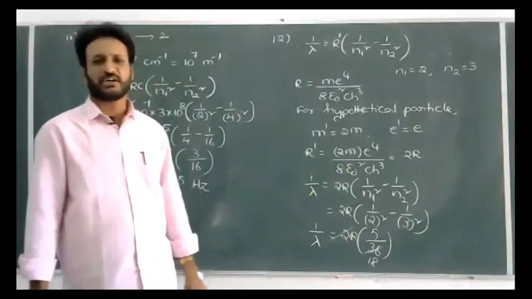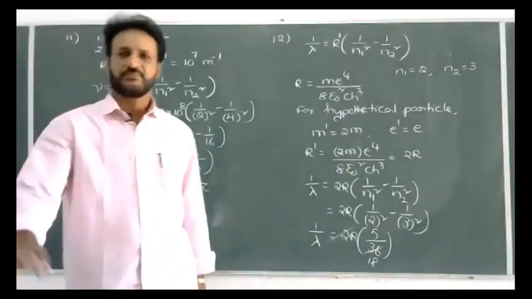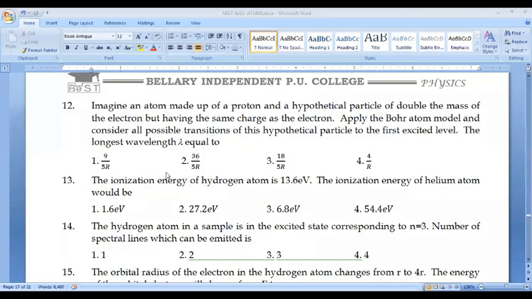Now check the options for question number 12. That is equal to 18 by 5r, correct. 1 by lambda is equal to 5r by 18, but lambda is equal to 18 by 5r is the correct answer. That is the answer, 18 by 5r.